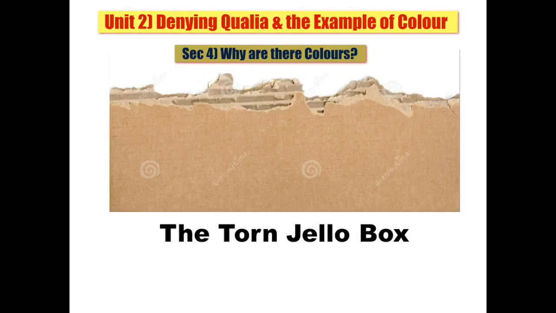Then he develops a long explanation as to why we see colors based on a recognition code used by the atomic spies Julius and Ethel Rosenberg. What they did was to tear in half the side of a cardboard Jell-O box.